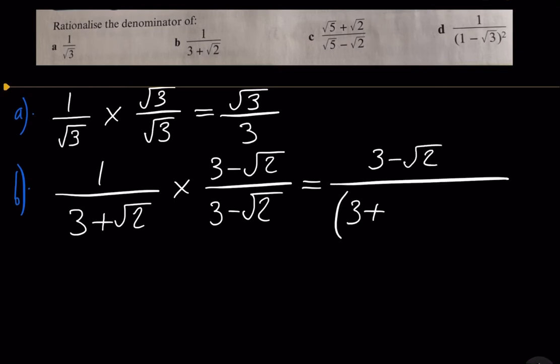And then in the denominator, we've got 3 plus root 2 times 3 minus root 2.